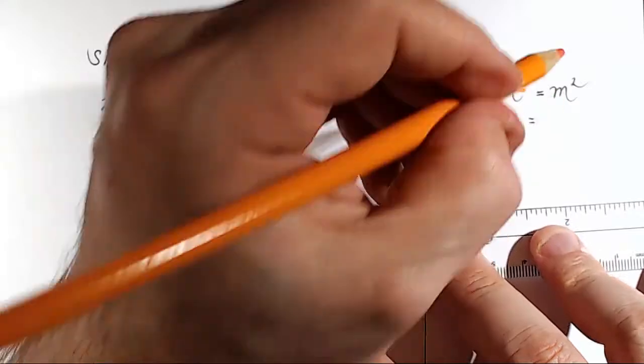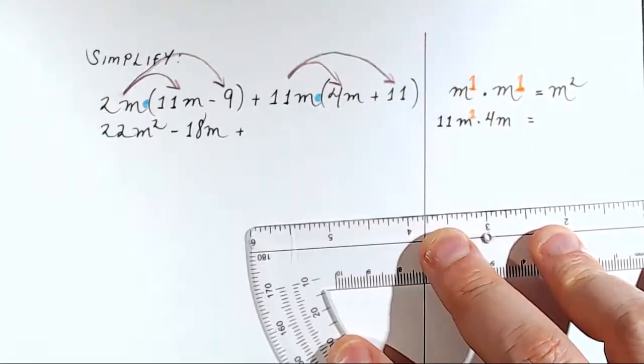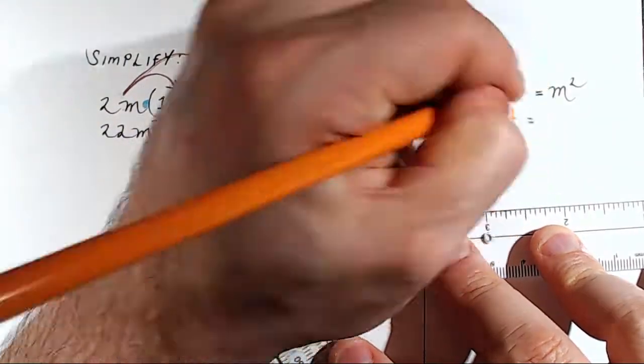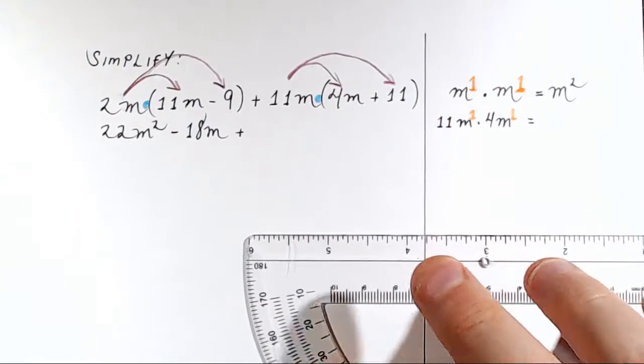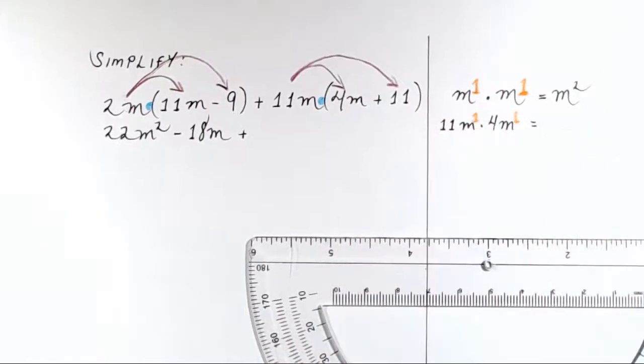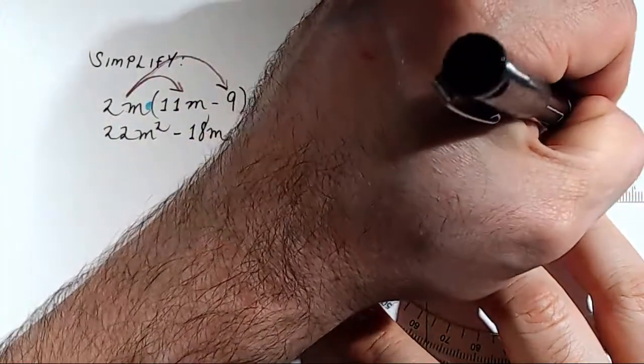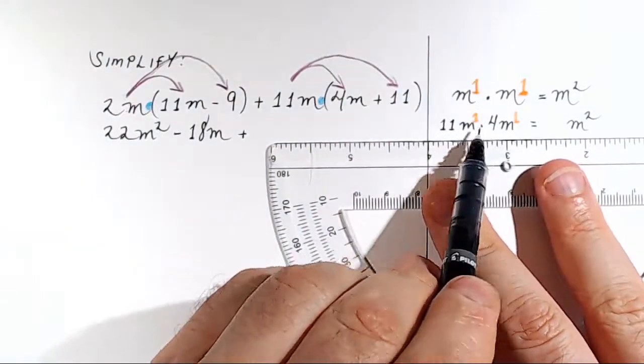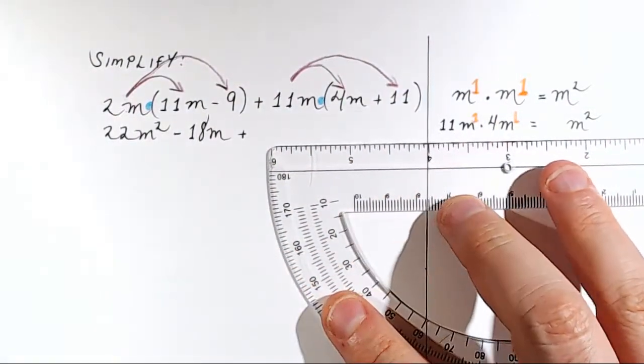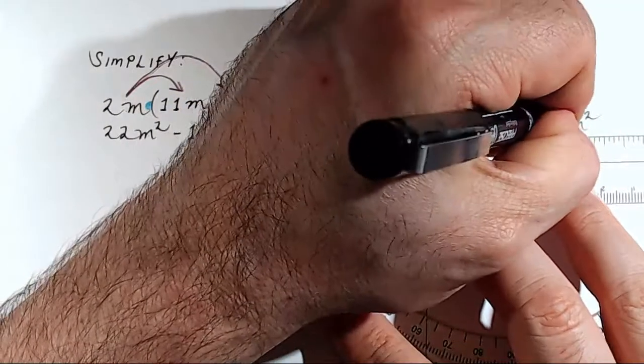Remember, these m's have the exponent of 1. When we multiply m times m, it's m squared, because it's m to the 1 plus 1. So we know that our answer will contain m squared. But what is the front part? Well, it's just 11 times 4, which is 44.